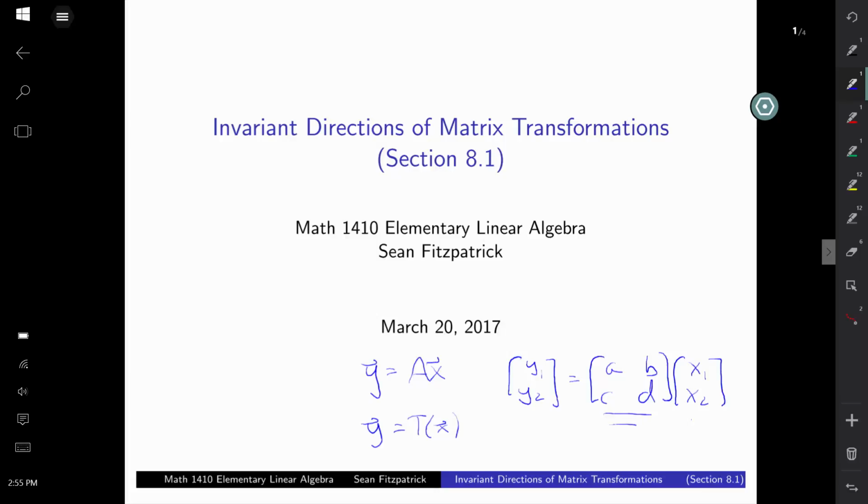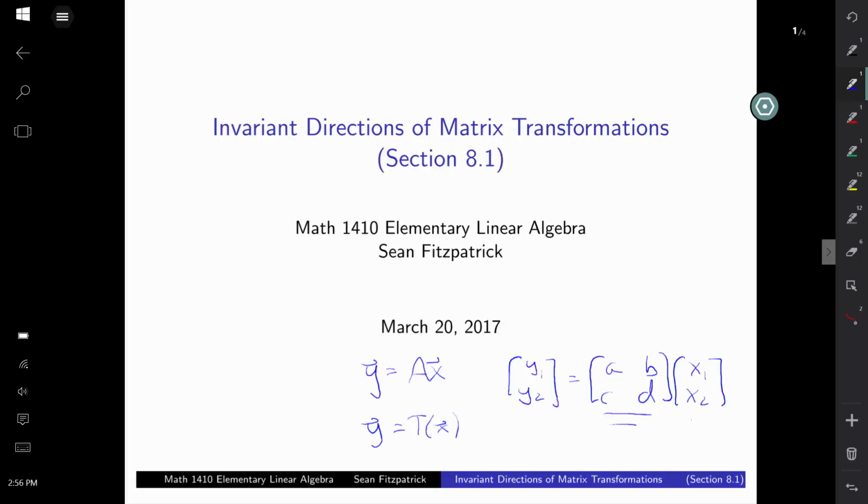In some cases, some vectors are going to get stretched, others will get shrunk. Some will be rotated one way, some will be rotated another way. There's a lot that can happen even in the 2 by 2 case. If you go back and look at the section on transformations of the plane, even with just a simple 2 by 2 matrix, you can come up with some fairly complicated looking things.